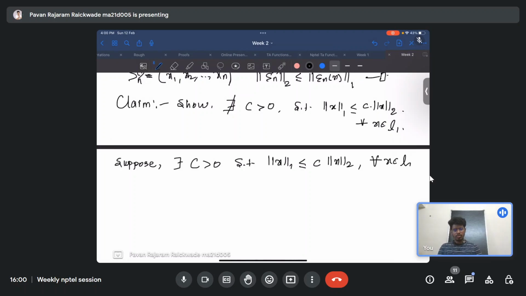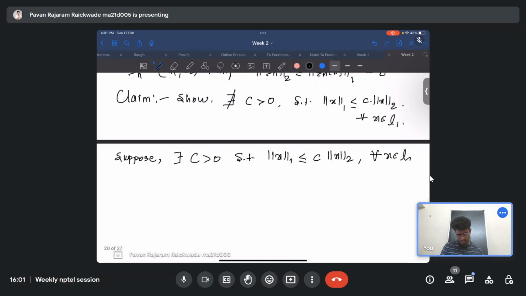So I'll try to find some elements xi's whose norms are unbounded, or go to infinity or something.